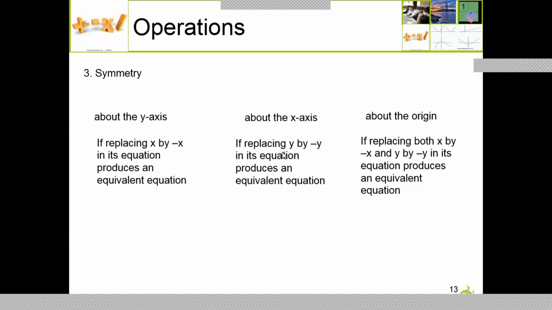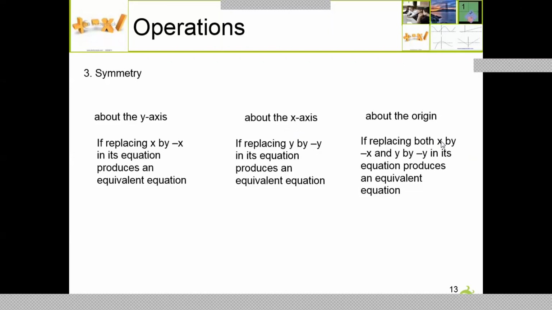Second one, if we want to test whether that function is symmetric about x-axis, we need to replace y by negative y. Okay, and if the equation produce an equivalent equation, so we can say that that function is symmetric about x-axis. Okay, the third one, we want to test whether that function is symmetric about the origin.